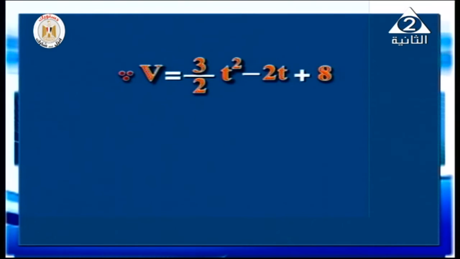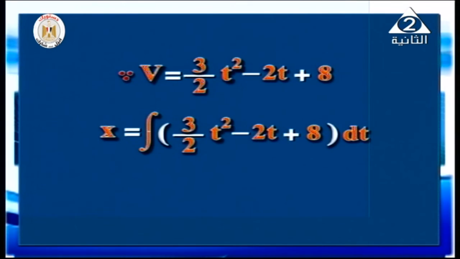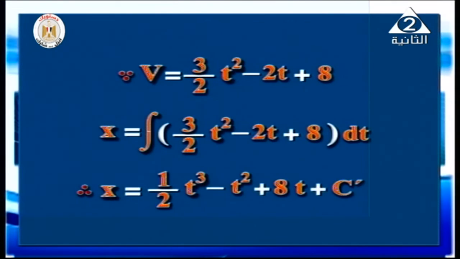Since, my dear student, the relation between velocity and time is v equals 3 over 2 t squared minus 2t plus 8, we use integration to find the displacement x. The integral of 3 over 2 t squared minus 2t plus 8 dt gives x equals half t cubed minus t squared plus 8t plus c dash.